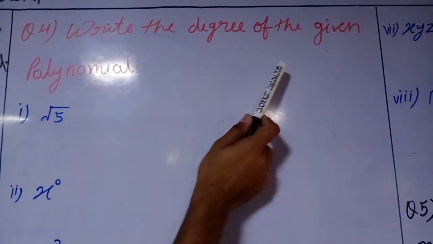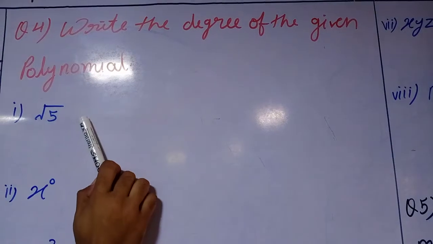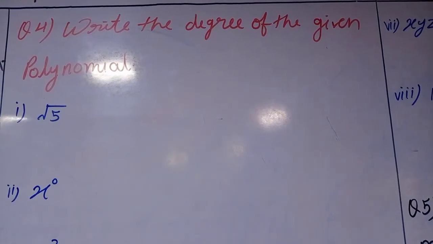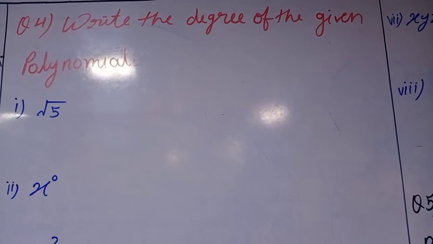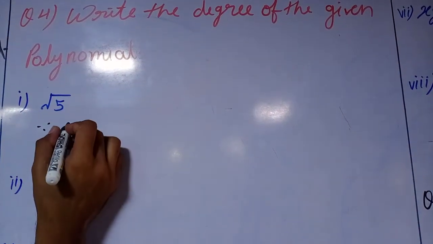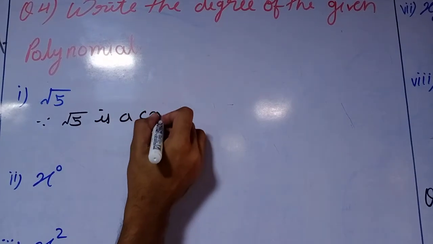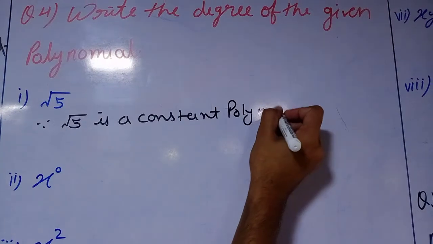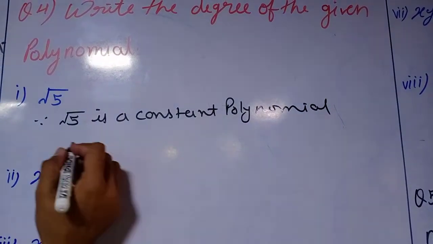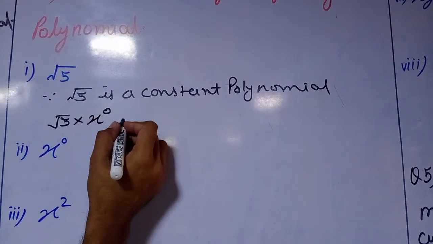Question number 4. Write the degree of the given polynomial. Here we have the polynomials and we should write the degree of each. See, root 5 is a constant polynomial, which means we can say root 5 into x raised to 0.